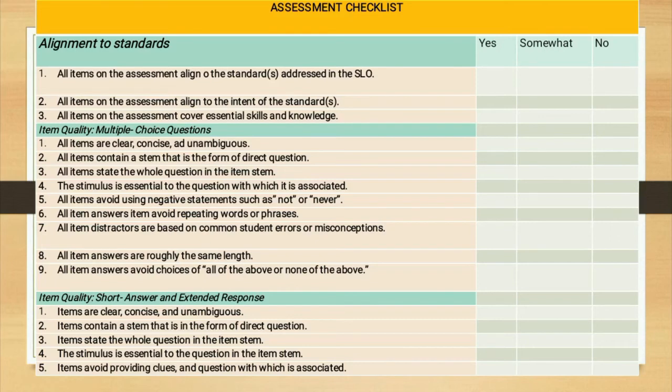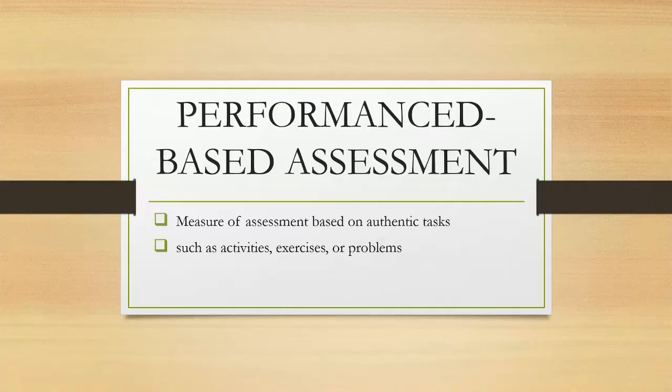Then the item states the whole question in the item's stem. Then the stimulus is essential to the question in the item's stem. And the last one is that items avoid providing clues to the questions with which they are associated. So that's all. Thank you.